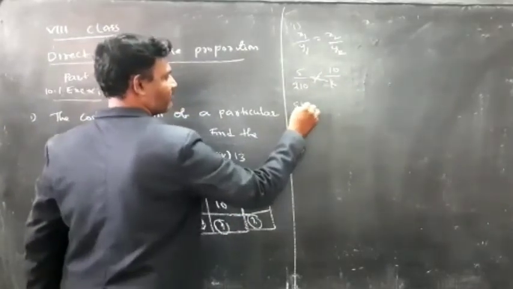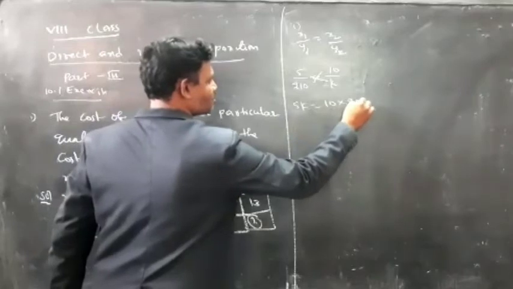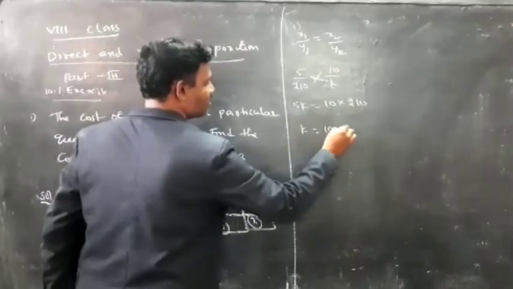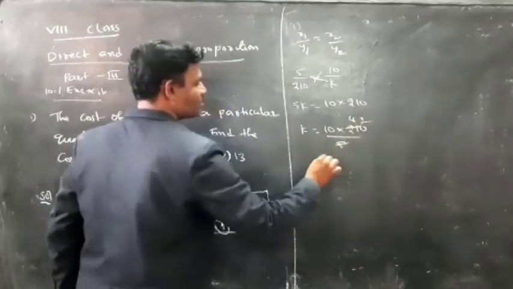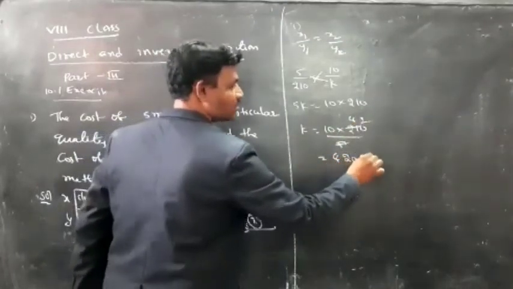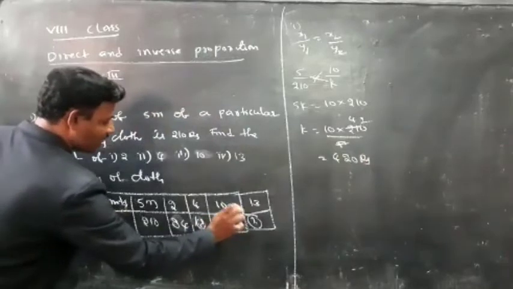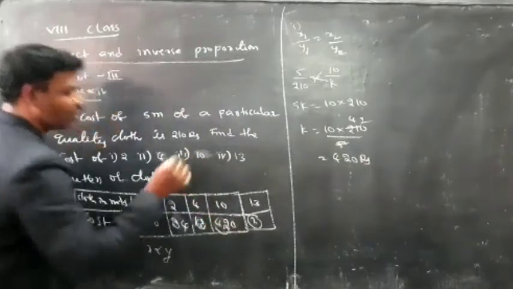Cross multiplication: 5k is equal to 10 into 210. Then k is equal to 10 into 210 by 5, which is 420 rupees. So the cost of 10 meters cloth is 420 rupees.